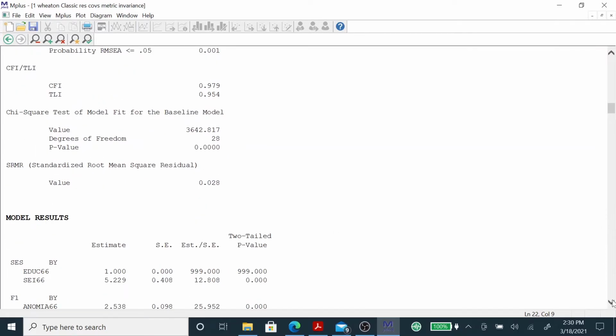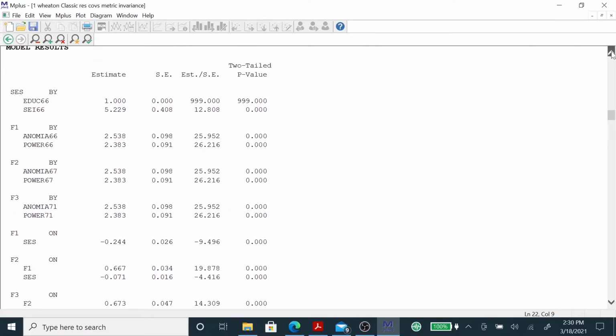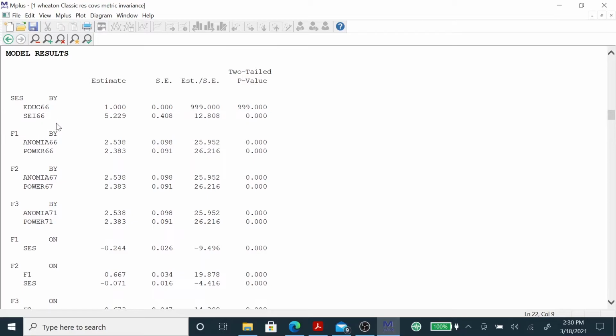Now the model results show a significant loading for SEI as measuring SES, and the loadings for F1, F2 and F3 are held equal across time as we see, and they are both significantly different from 0.